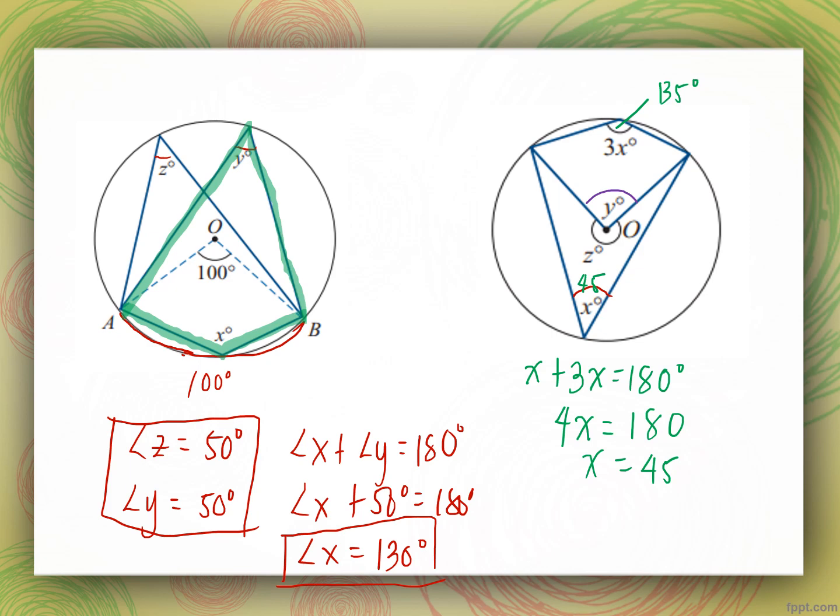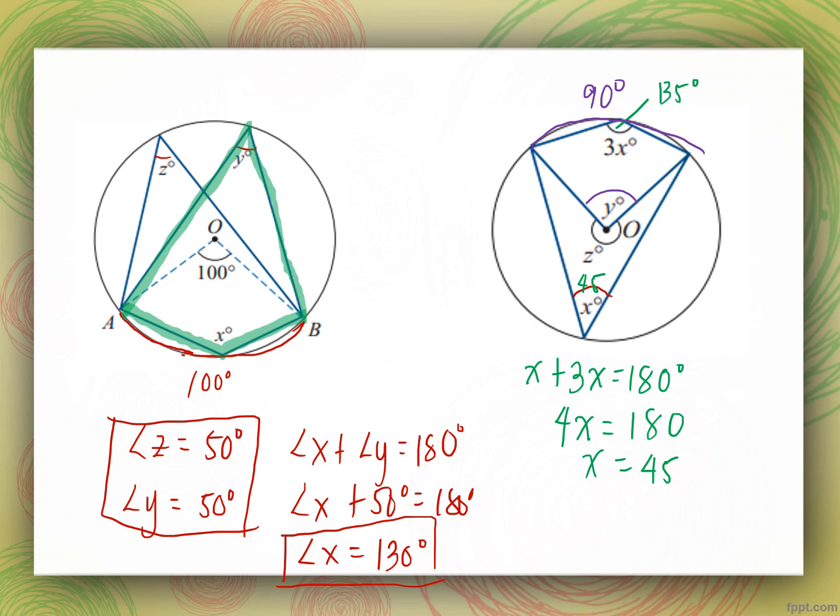Since our angle x is 45 degrees, the measure of its intercepted arc will be twice that. If that is 45 degrees, then this arc here is 90 degrees, right? That should be 90 degrees. So the intercepted arc is equal to the measure of your central angle.